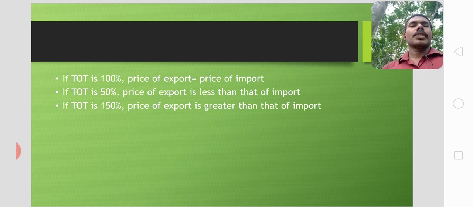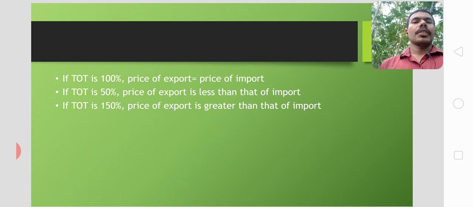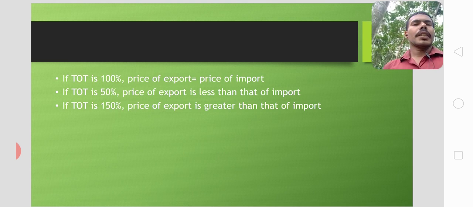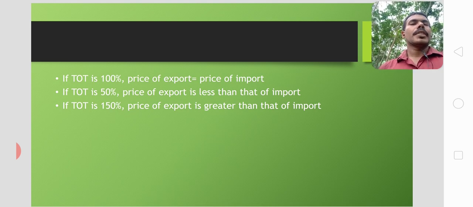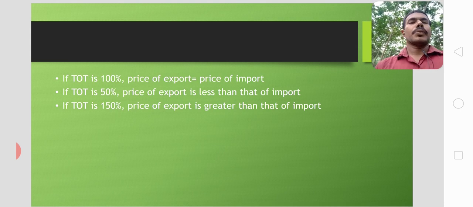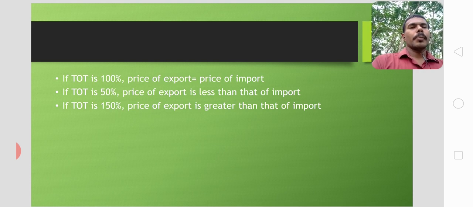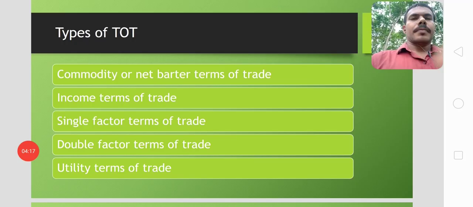So that means terms of trade is deteriorated or worse off for the nation. And if terms of trade is more than 100, suppose 150, that means the export price is greater than the price of import. So the terms of trade of the nation has improved by 50%.